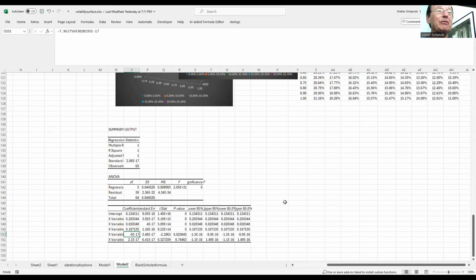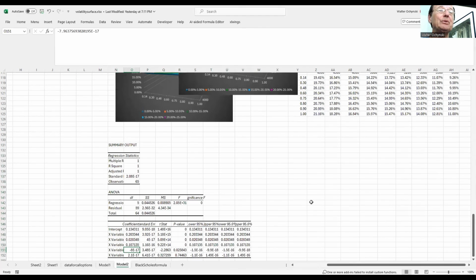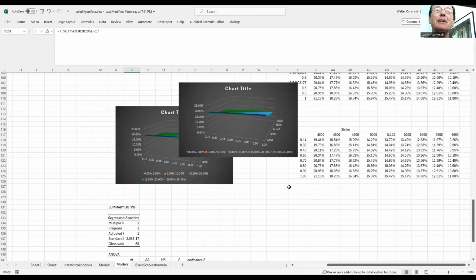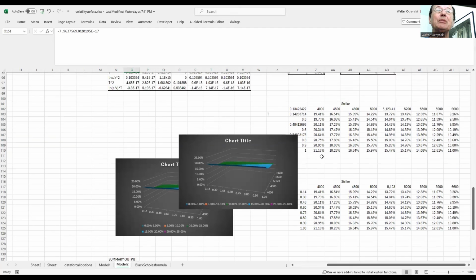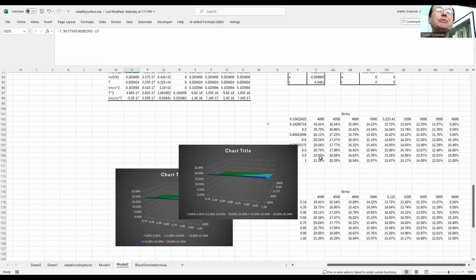Now the process is further, you do the same. You use this to calculate your data table, and then you have your volatilities. I have to repeat again what I did before.